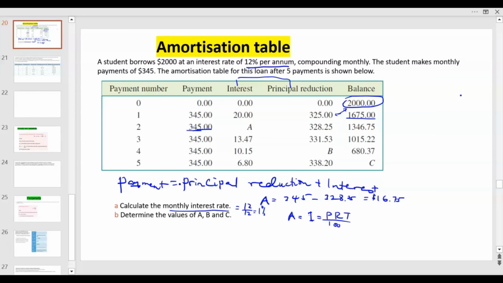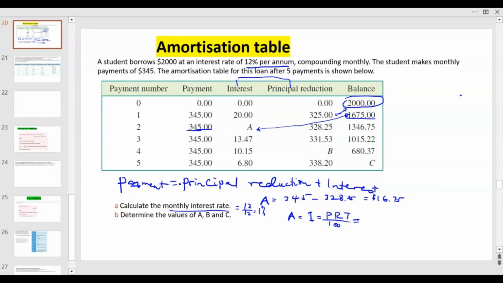Remember, the principal does change, the balance of the principal. So you need to use the diagonal. This is your principal if you have to calculate that interest in that column. So now the principal, you're not going to use the 2,000 that you started with, so it does change every time you make a repayment to the bank.